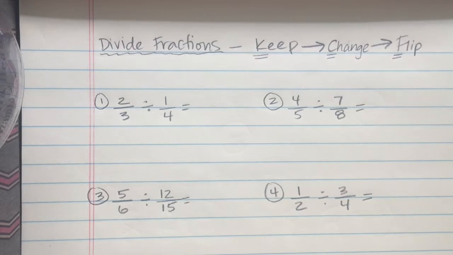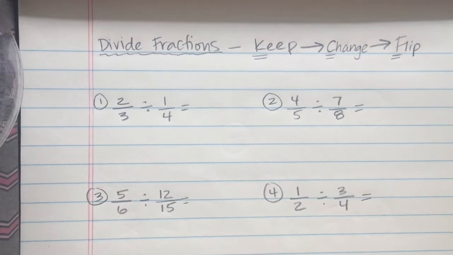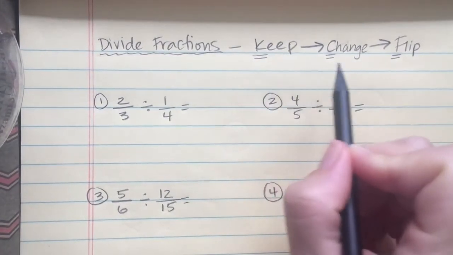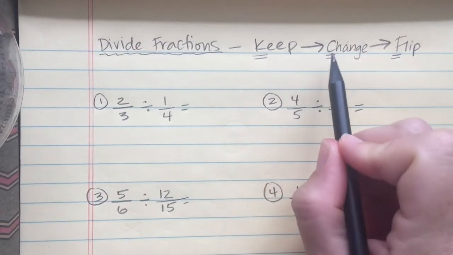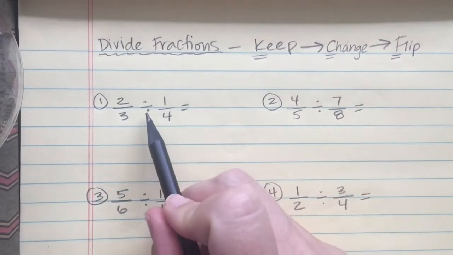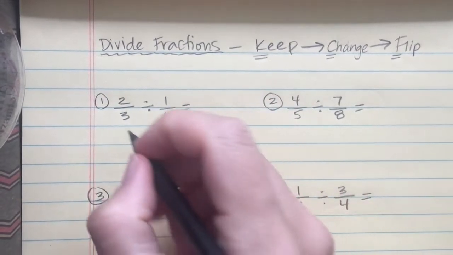All right, last part of the video is dividing fractions. The rule for dividing fractions is called keep, change, flip. Say that again, keep, change, flip. When you are dividing fractions, you have to keep the first fraction.